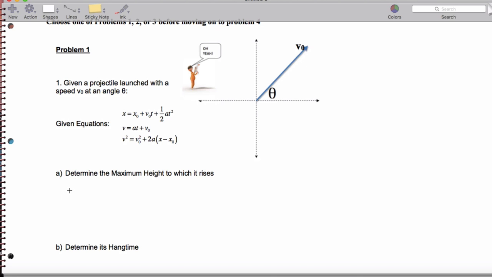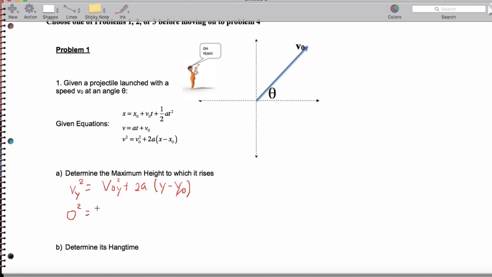So, I will use the formula v squared is v naught squared plus 2a times y minus y naught. Now, it's a speed of 0 at the top.